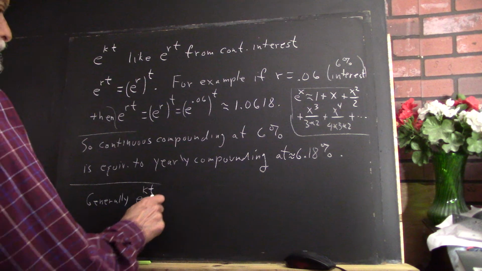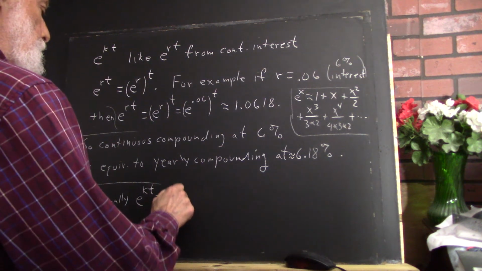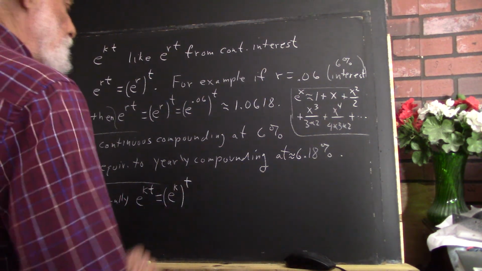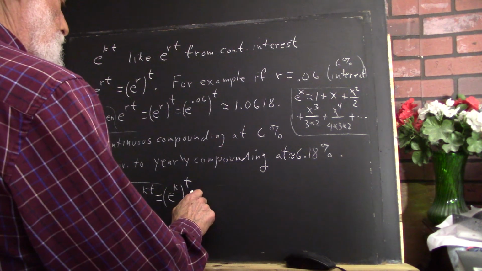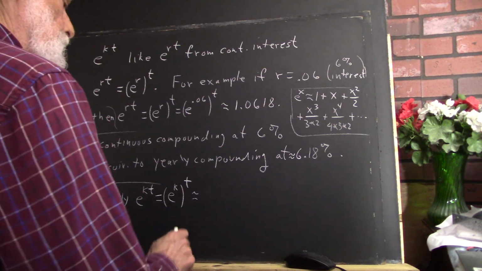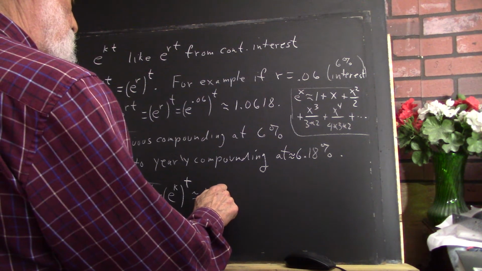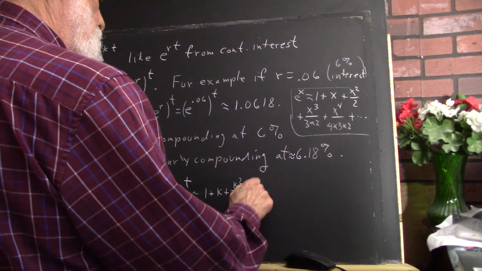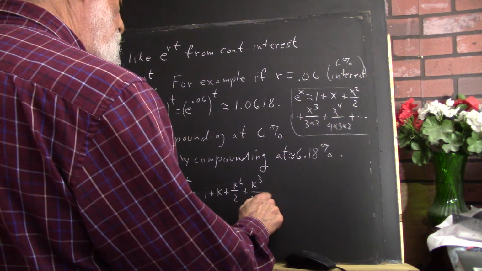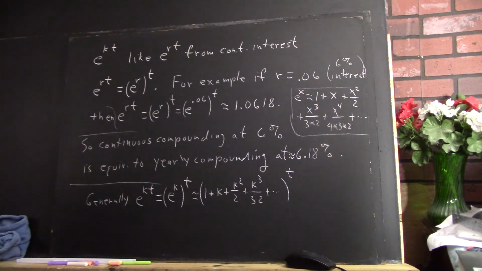So generally e to the kt equals e to the k raised to the t, which is approximately equal to this raised to the t.